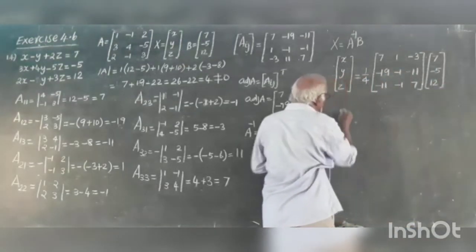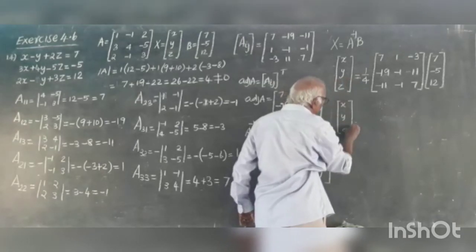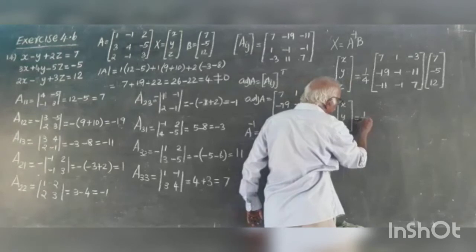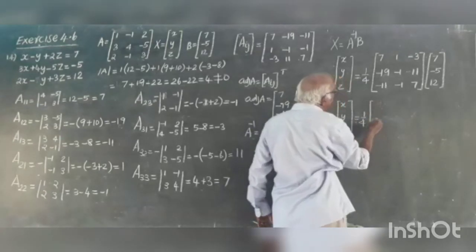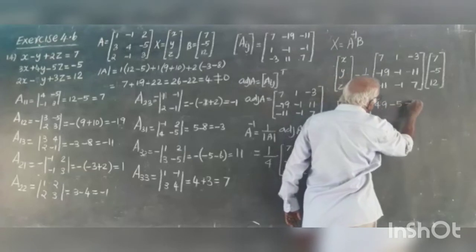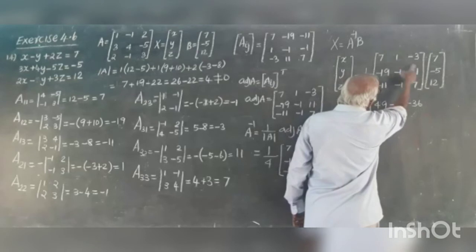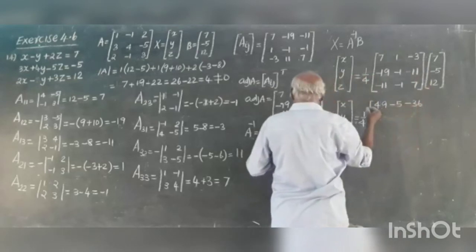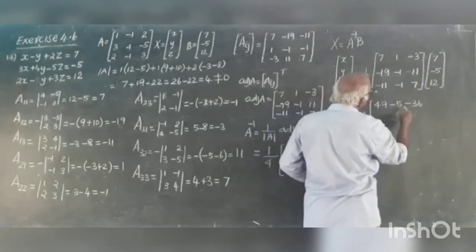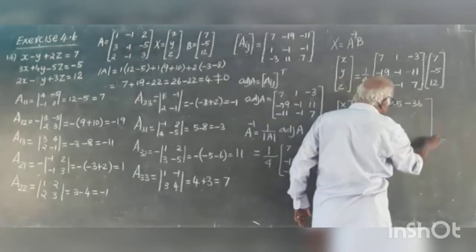Therefore, X, Y, Z equal to 1 by 4 into multiply: 49 minus 5 minus 36.